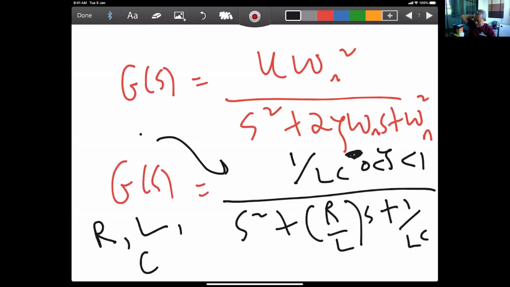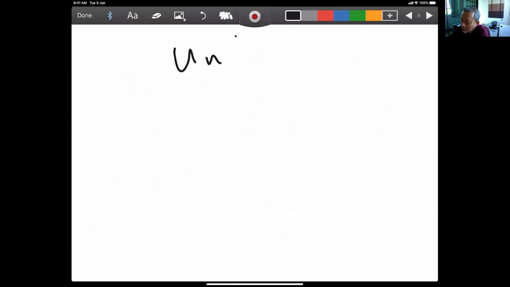Prof, how about the undamped system? Does it mean the resistor has to be zero, and then zeta is equal to 0?